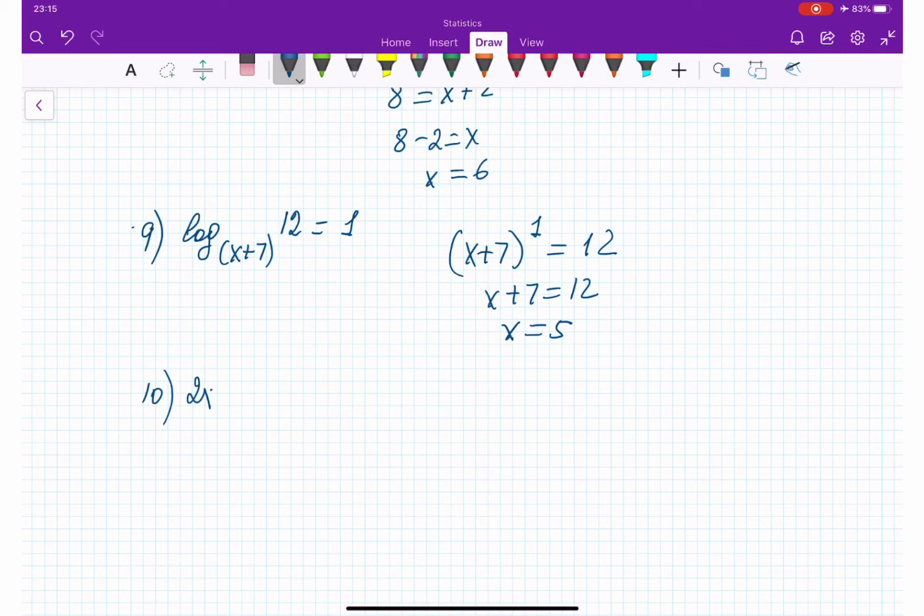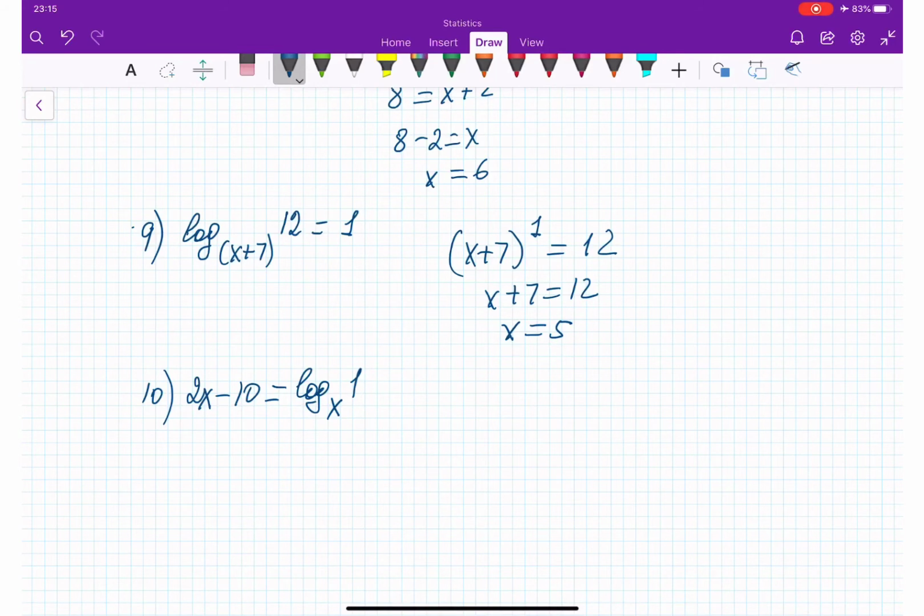Question number 10. 2x minus 10 is equal to logarithm 1 by base x. Okay, so how am I going to solve this one?